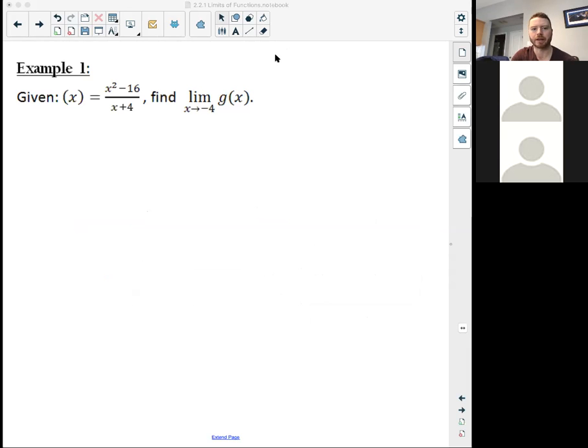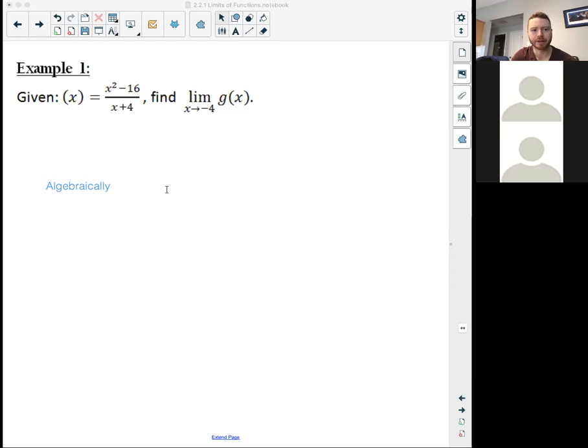Okay. So algebraically. As we look at this function here, how might we be able to simplify this? Differences of perfect squares on the top. Yeah, perfect. That is a very good idea.